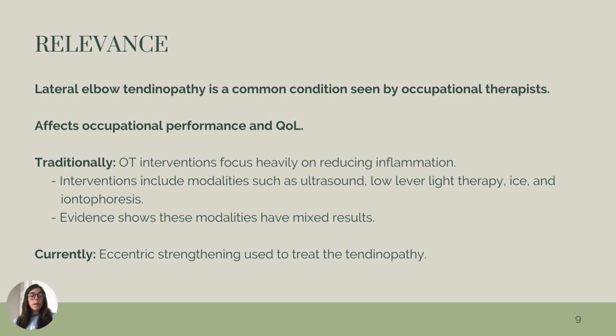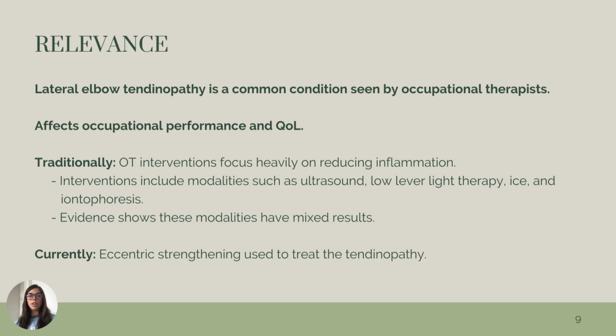And then my last 2 points for relevance, I talked about on the second slide, I believe, what traditional treatment was versus what it is now, and evidence supporting eccentric strengthening. What I wanted to say about this is it's really important because we want to do the best, most current practice for our patients.